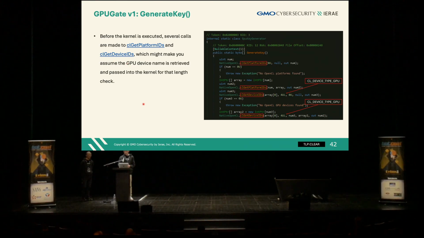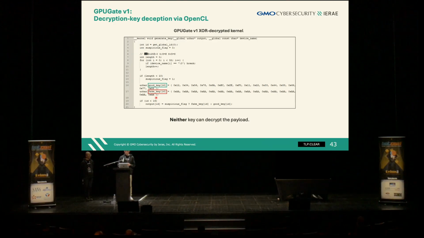If we hadn't been going through OpenCL for the past 10 minutes, you might assume these API calls are being used to grab a device name, and then that's being passed into the kernel for that length check. Well, neither of these keys can actually decrypt the payload.